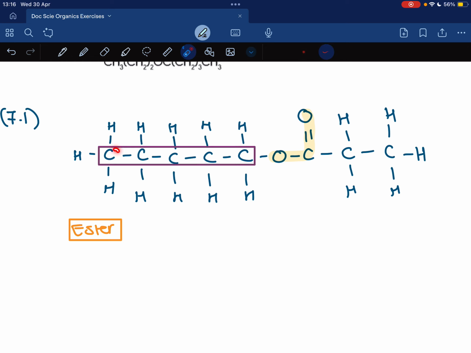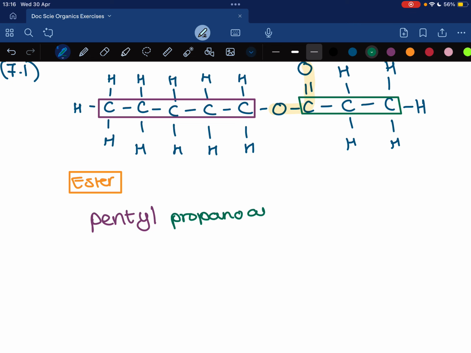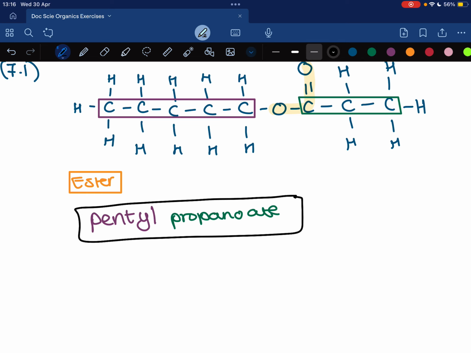So I have 1, 2, 3, 4, 5 carbons, so that's going to be pent. Because this is pentanol, it will change to pentyl. Then the carboxylic acid side is 3, so that's propanoic acid, which is going to change to propanoate. And that's the name for this compound.